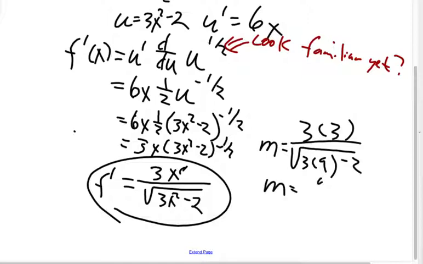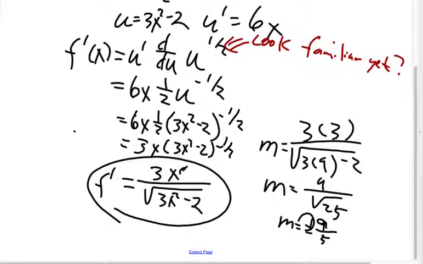So m is going to be 9 over the square root of 25. So m is going to be plus or minus 9 over 5. And I think on this one we're just after the plus part of this.